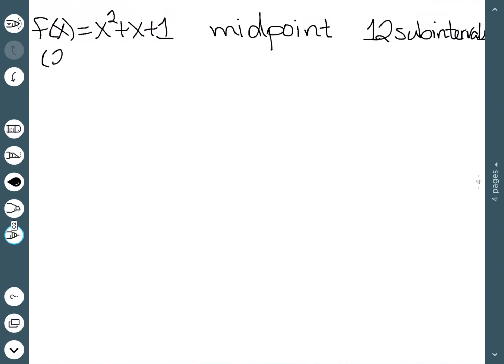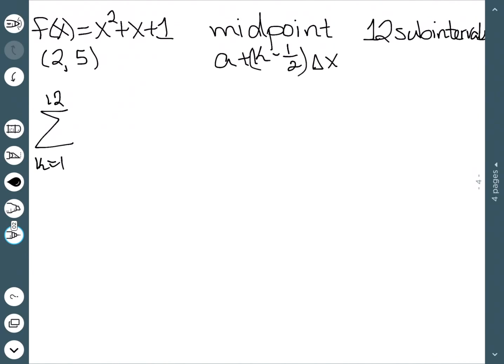This time, I have the function x squared plus x plus 1. I'm going to look at midpoint, 12 subintervals, and this time I'm going to look from 2 to 5. Midpoint is a plus k minus 1/2 delta x. So my sum is going to be from 1 to 12.